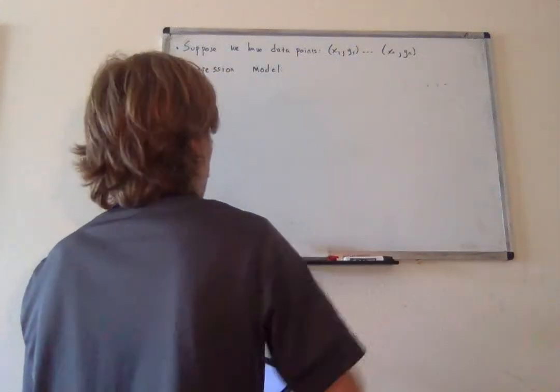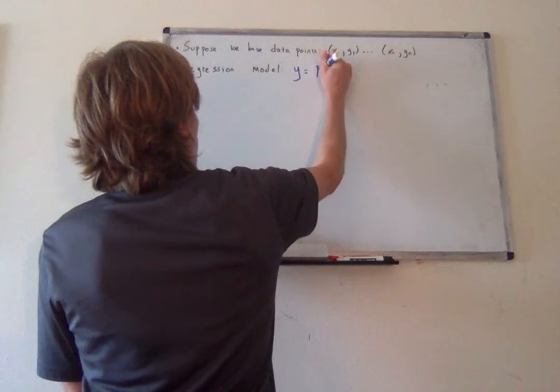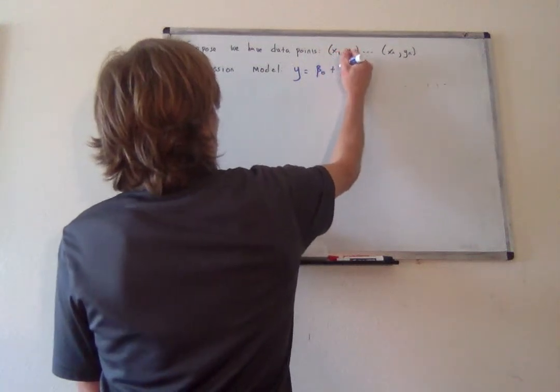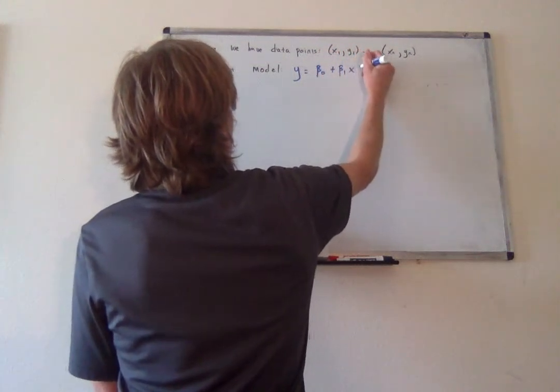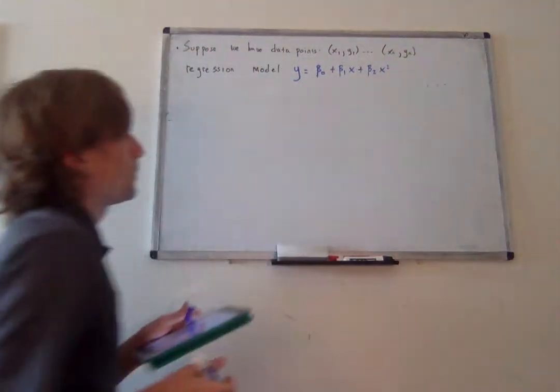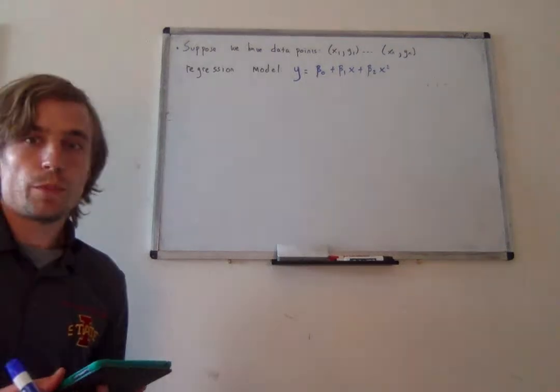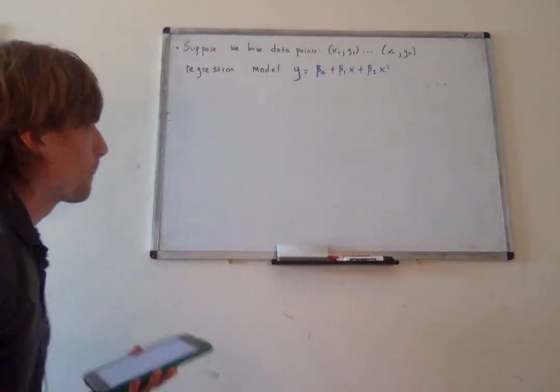So let's say instead of a linear model, we wanted a quadratic model. That is y equals beta naught plus beta 1 times x plus beta 2 times x squared. So notice again, I just want to solve for beta naught, beta 1, and beta 2.